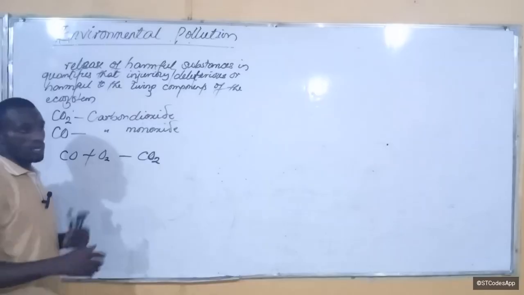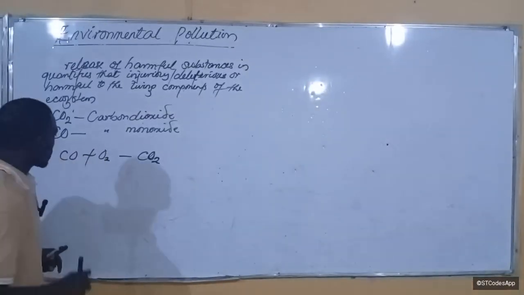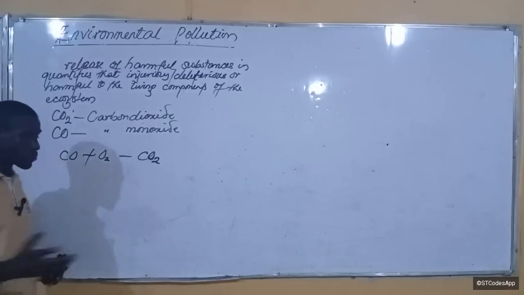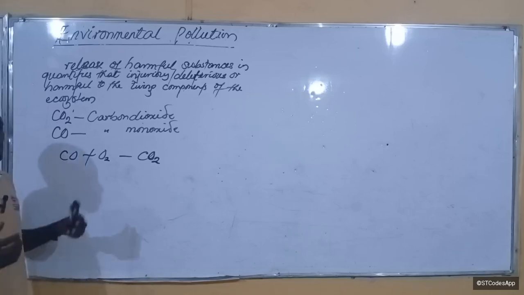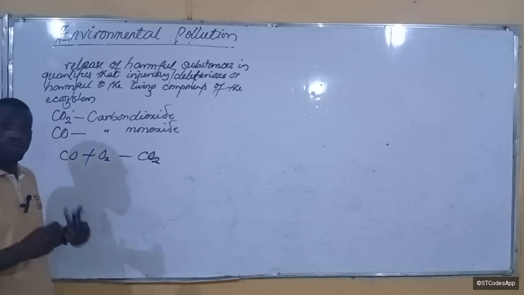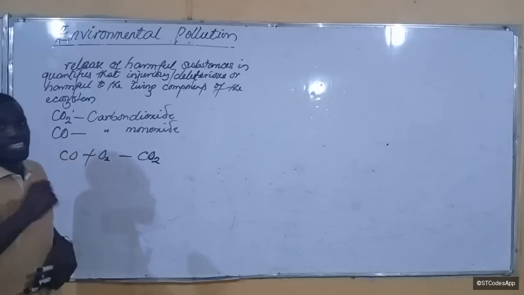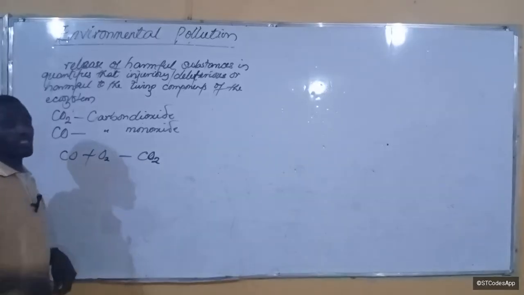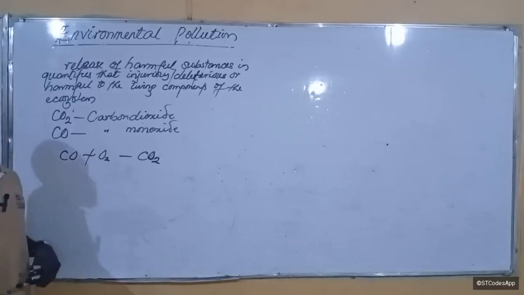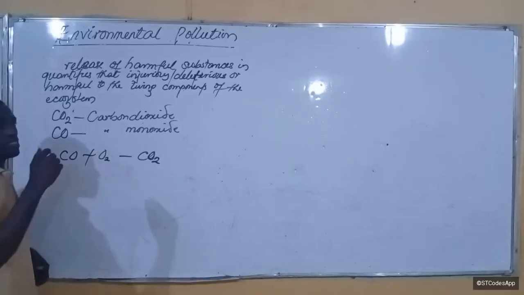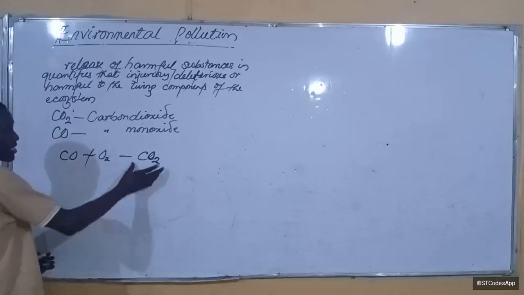The oxygen is also what makes your blood very reddish. Carboxylated blood is not as bright red as oxygenated blood. That's why people who smoke are liable to have holes in their lungs, darkened hearts, and so on. So that's just to tell you that this gas is a pollutant.